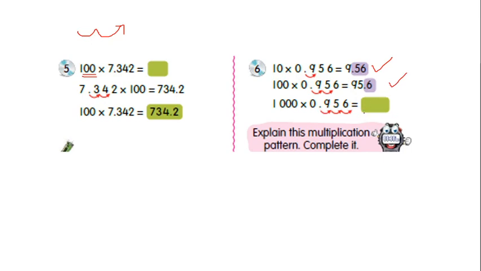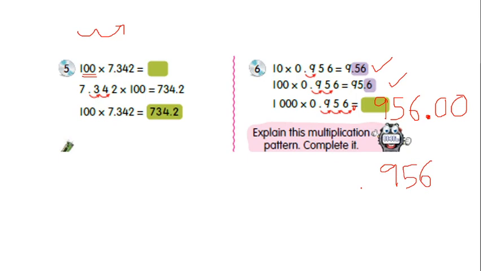So what is the answer if we move this decimal 3 places? So we move this decimal to this one. So we will have 956.00, or you can ignore the 0 at the back, so you will have the answer 956.